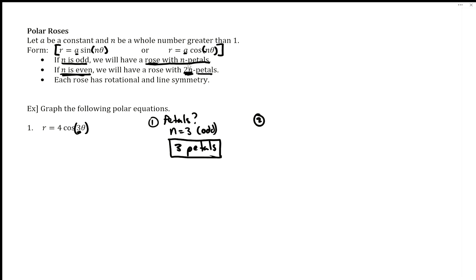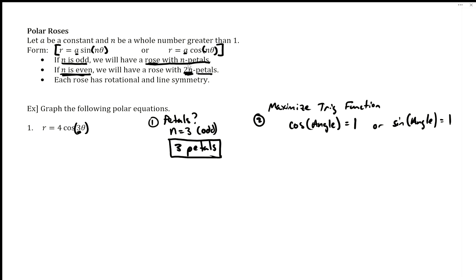Okay, and then the second step in these problems is to maximize the trig function, which means we just want to set the trig function so that cosine of the angle should be 1, or if it is sine, sine of the angle should be 1.